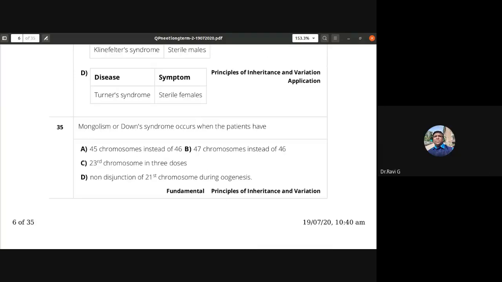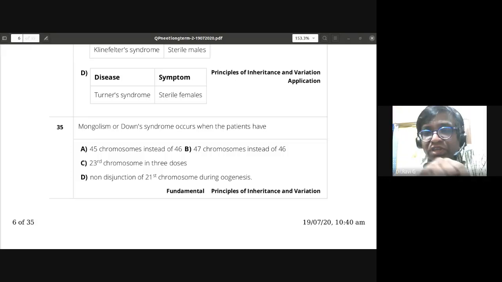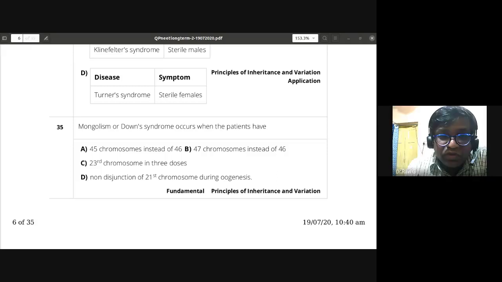35th, Mongolism or Down syndrome occurs when the parents have the 21st chromosome, they will be three in number. That is 21st chromosome trisomy is noticed in Down syndrome. So the non-disjunction of 21st chromosome during oogenesis is the answer.